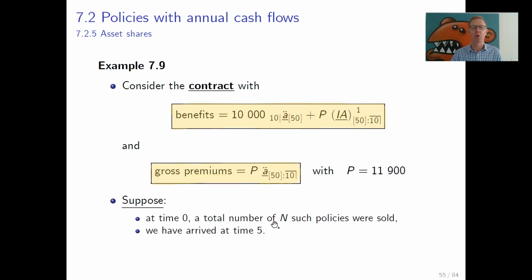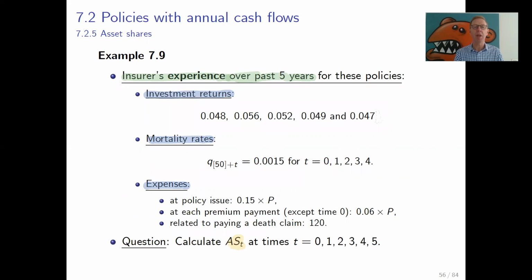And suppose also that we have arrived at time 5, so we know the insurance experience over the past 5 years. And there are 3 components: the investment returns, the mortality rates, and the expenses. We assume that the investment return in the first year was 4.8% and 5.6% in the second year, and so on.